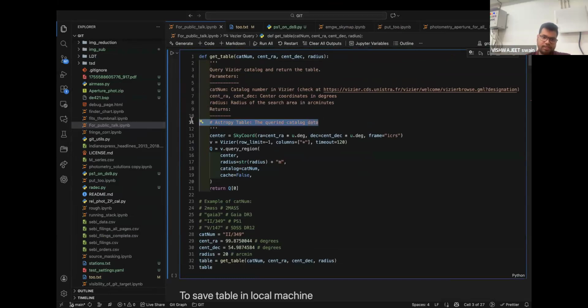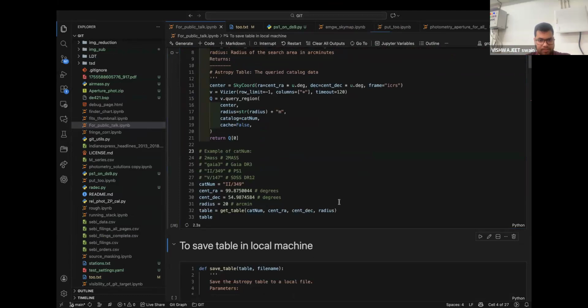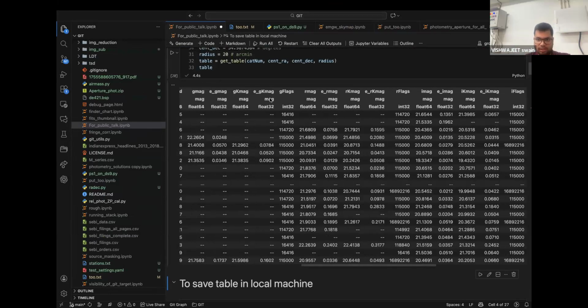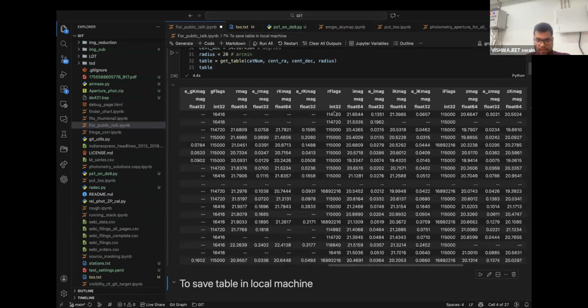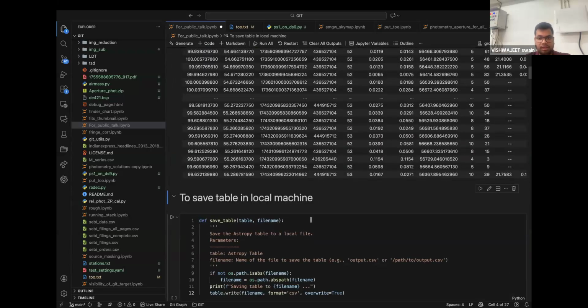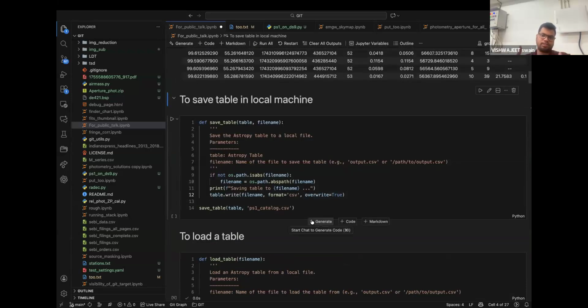And then what is the output is also important. So here we are getting the output in the form of a table. This is a pandas table, and now here you can see this is the table we are getting, and then you can see all the columns in the table, right? And the length of the table. And then when you get the table, it is better to not load the table every time.